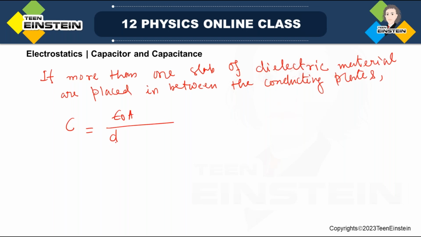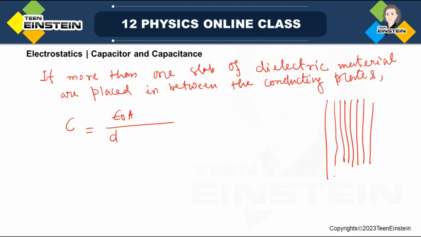Suppose I have n number of such slabs of thickness T1, T2, Tn, and the total separation is D anyway. I have taken n number of such thin dielectric slabs.